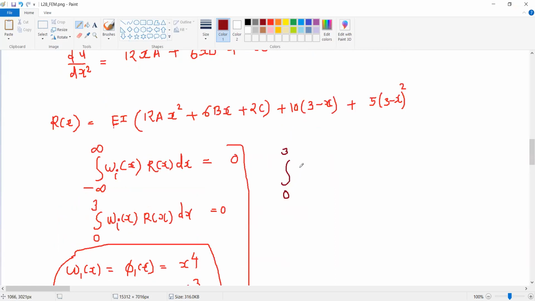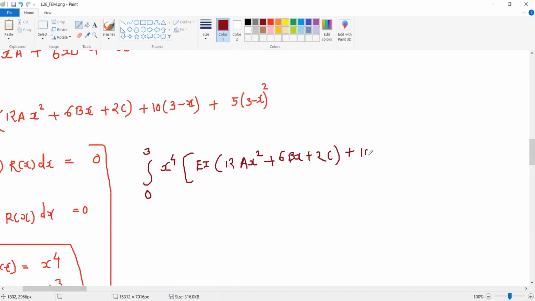So integration 0 to 3 x raised to 4 into ei into 12ax square plus 6bx plus 2c, bracket complete, plus 10 minus 10 into bracket 3 minus x plus 5 into bracket 3 minus x bracket square dx. This is ought to be equal to 0.